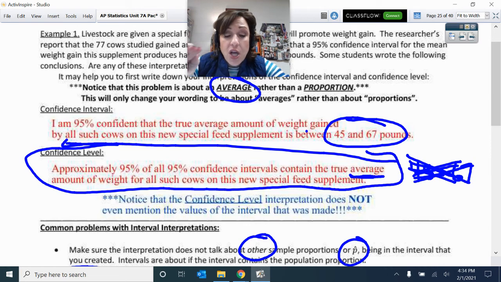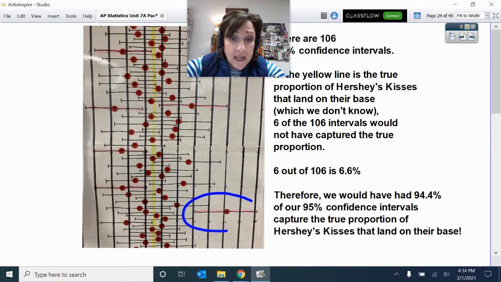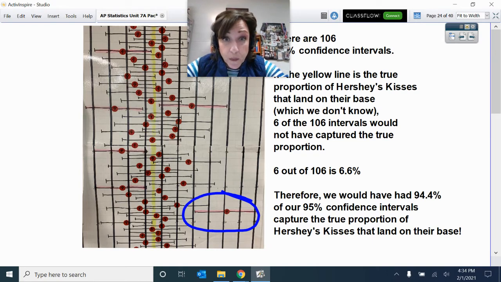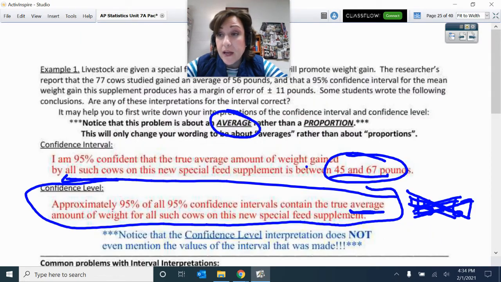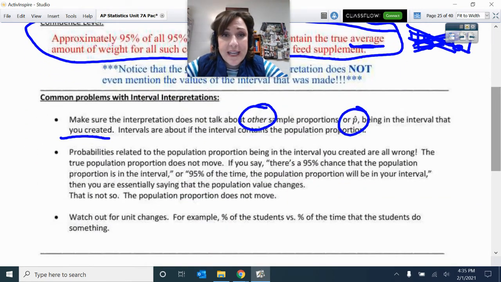We do not talk about anybody else's information. An interval is not about somebody else's information being in my interval. For all I know, I could have an outlier. I could have been one of those pink ones, I could have been this one right here. So certainly, I can't say everybody else's p-hats or x-bars being in my interval. No, no, no. That is not what interpretations of intervals are about. Okay, so that's common mistake number one. No other intervals in yours.